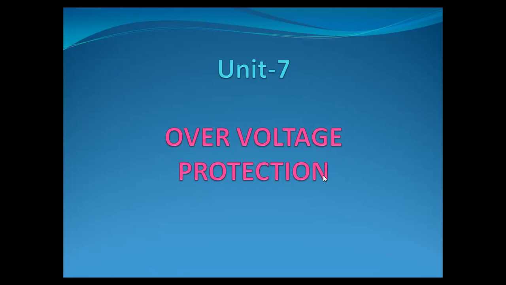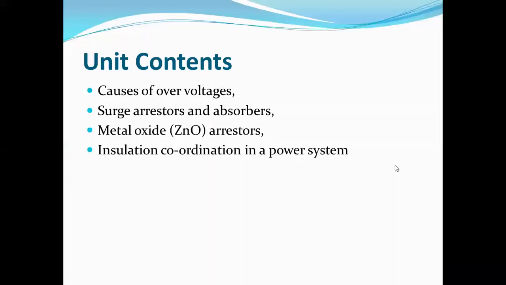Okay. First of all, we'll see the contents of this unit. The unit contents are the causes of over voltages, meaning the things due to which these over voltages occur. Second is the surge arresters and absorbers.